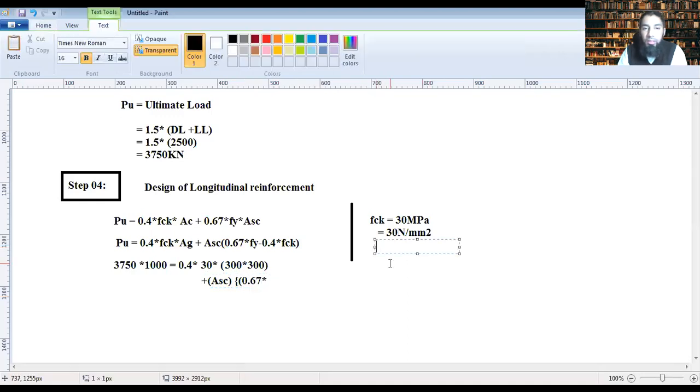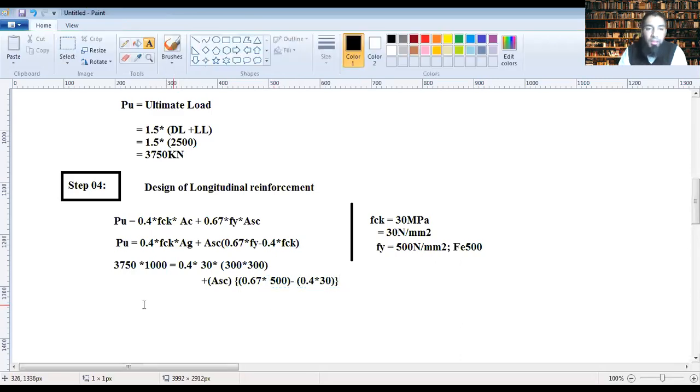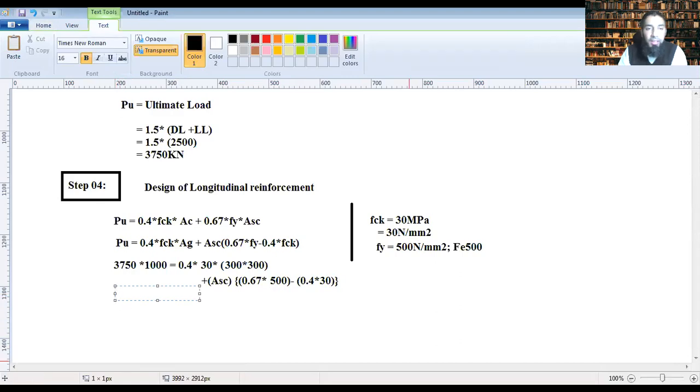Then this is 0.67 into Fy. Again, nothing is given in the question, so we assume 500 Newton per mm square. That's Fe 415 grade. Sorry, Fe 500 grade steel you are using. So this is 500 minus 0.4 into FCK, which is 30. Thereby you can now determine ASC.